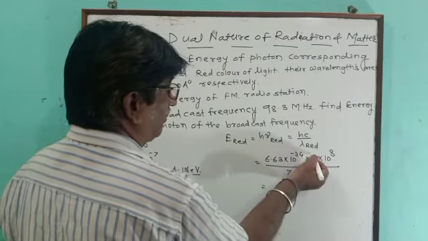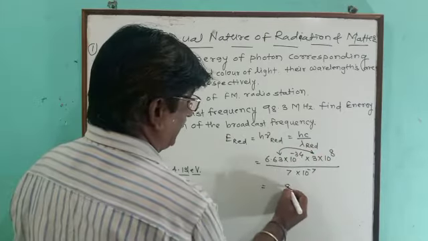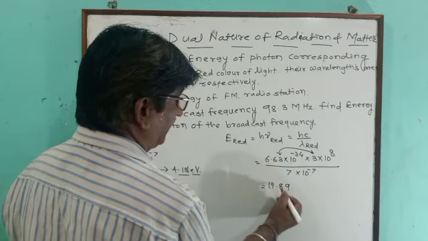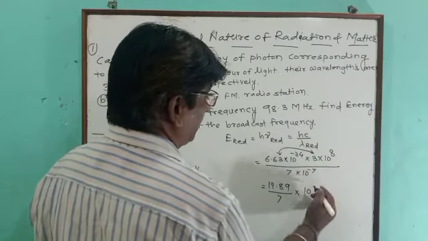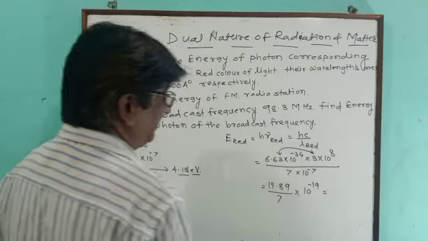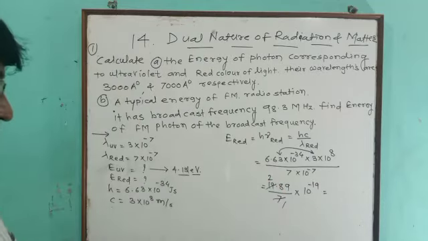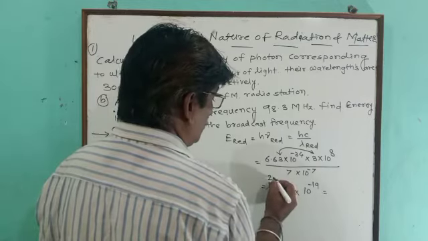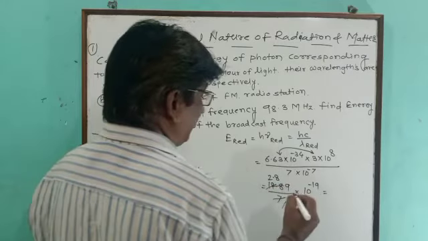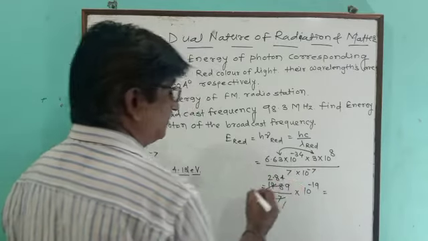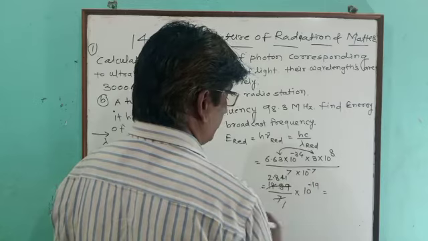Multiplying by 3, 3 times 3 is 9, 18 and 19, so 19.89 divided by 7 into 10 raised to 15, that is minus 19. So 7 twos are 14, 5 remaining, 58 is there, 7 eights are 56, 2 remaining, so 29 is there, 7 fours are 28, 1 remaining.